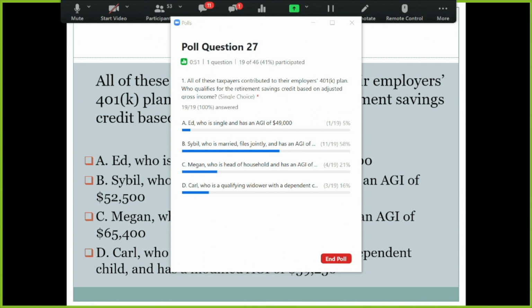What is the threshold amount? Do you remember? Okay.